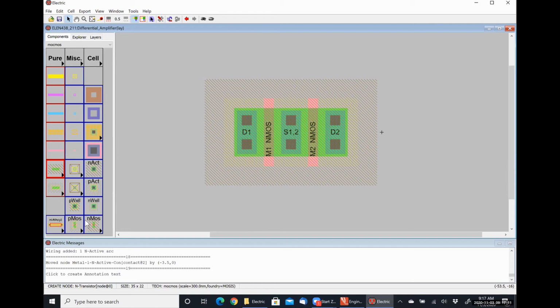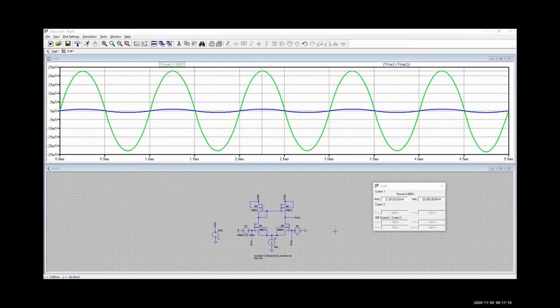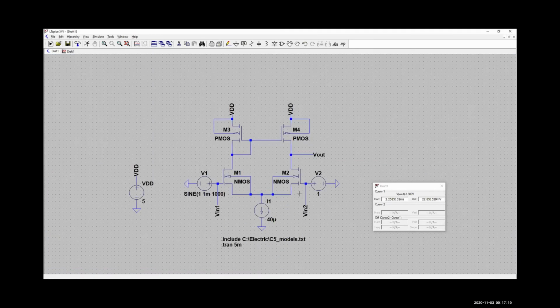If we look at our LTspice schematic diagram here, this is our body connection and it is tied explicitly to our source. Same on both sides here, and it seems to be behaving pretty well.